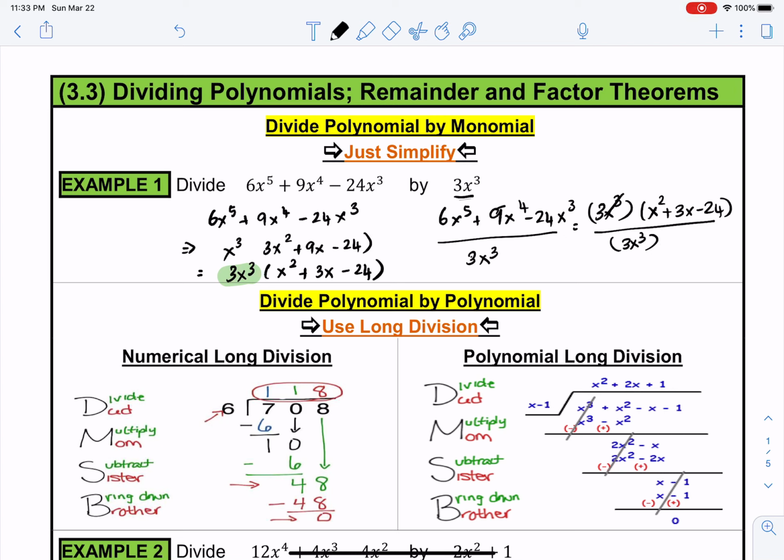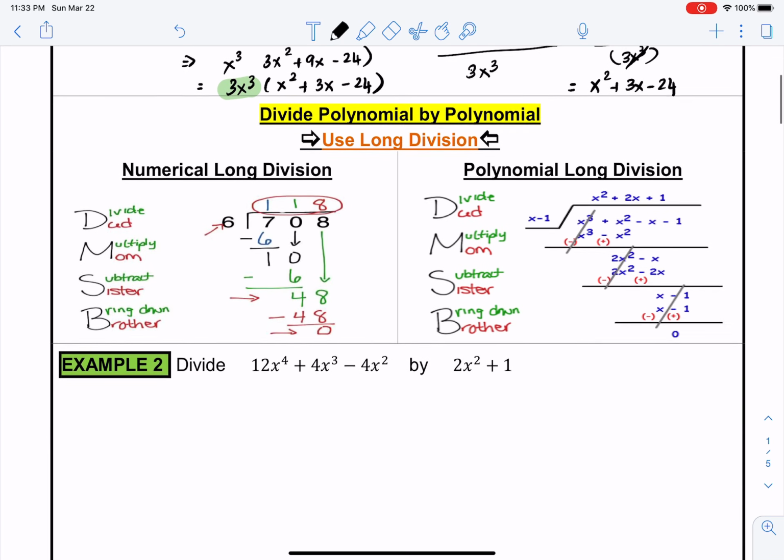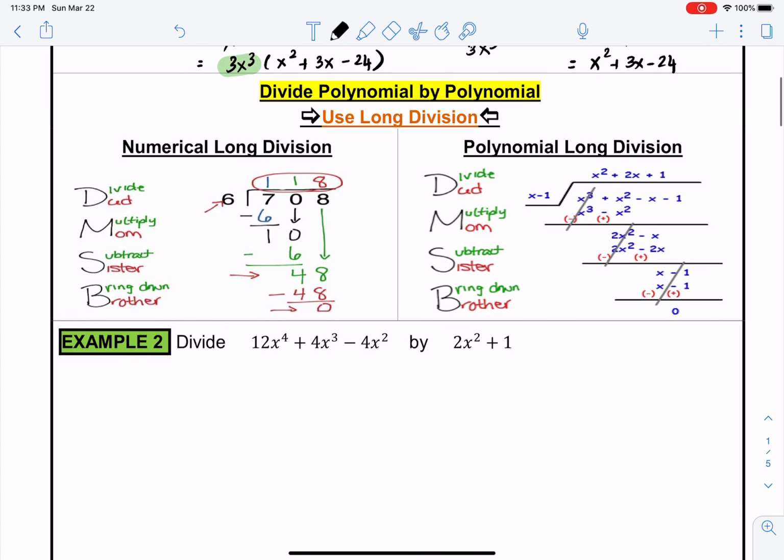The 3x cubed would go away and we would simply have x squared plus 3x minus 24. So we would like to do a process called long division.